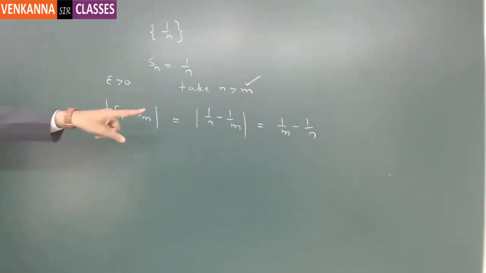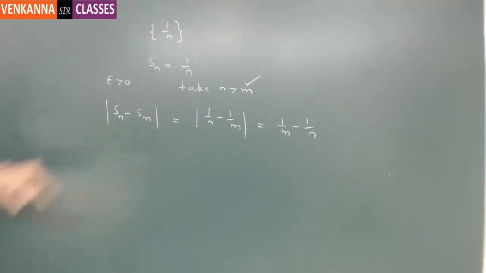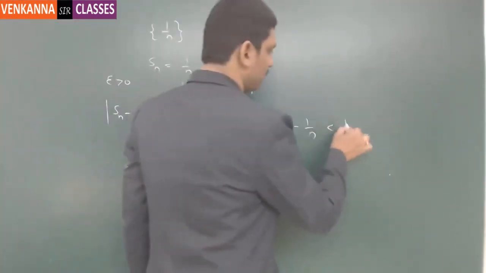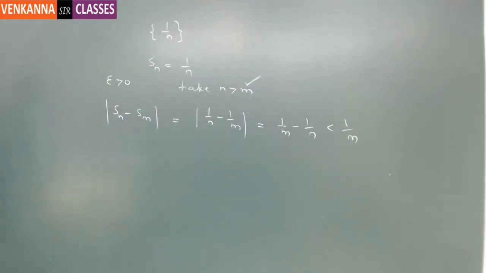Since you are subtracting some number from 1 by m, obviously it is less than 1 by m. Accepted? Yes or no? Are you getting it or not?